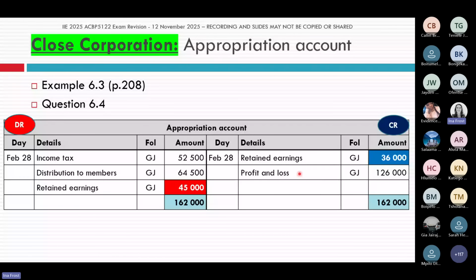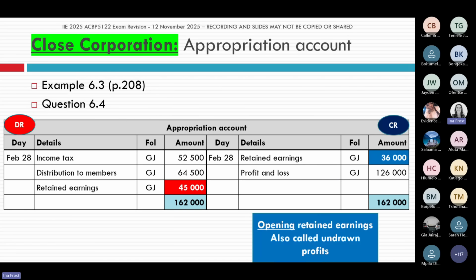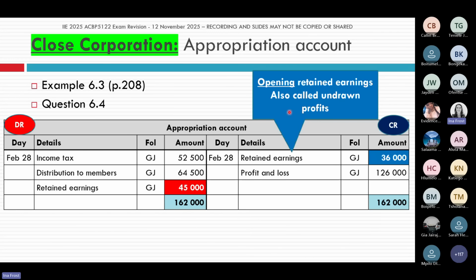We still have included in here the current year profits. But we also have in this account your retained earnings. And this is now from previous years. So those are profits that you made in previous years that you did not share amongst the members.